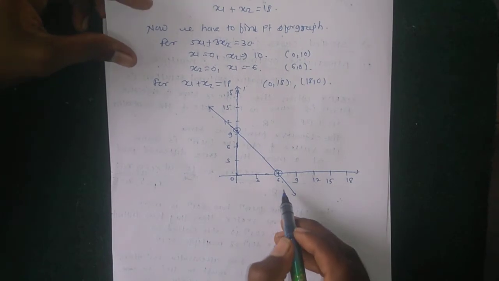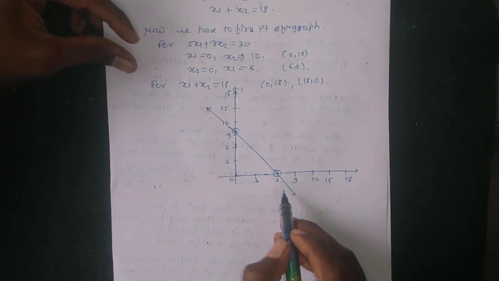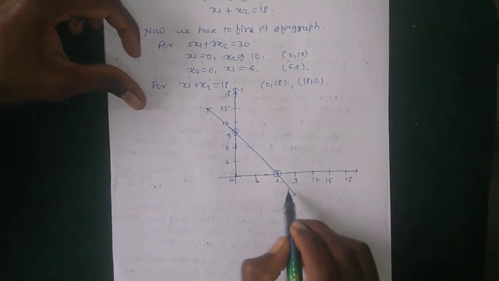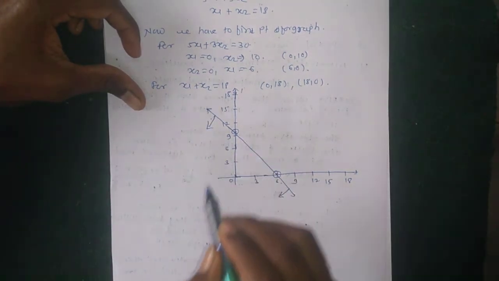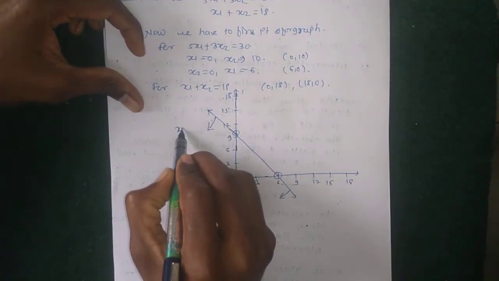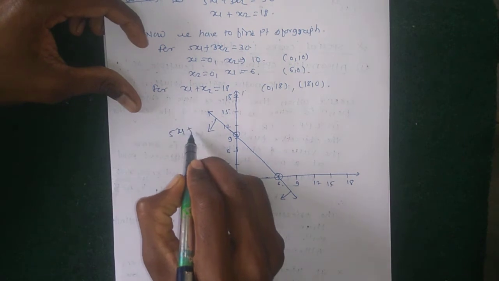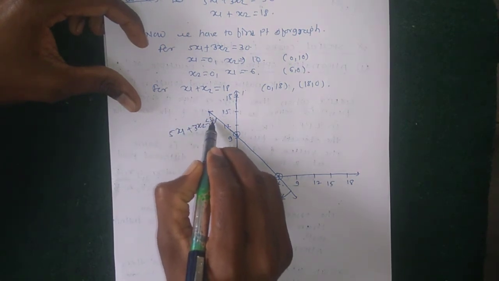This constraint is of less-than-or-equal type, which means the solution lies below this line. This line is 5x1 + 3x2 ≤ 30.